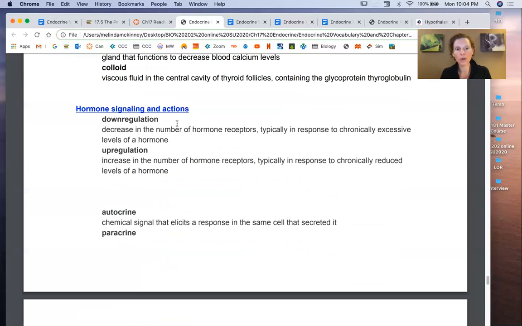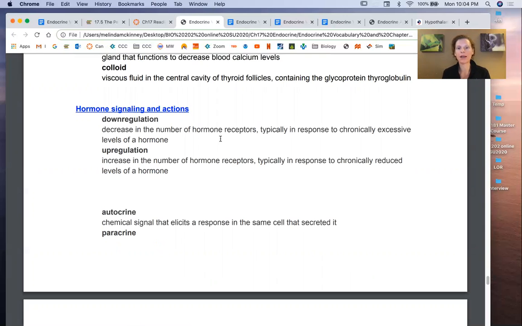Okay, so hormone signaling, downregulation. There's negative feedback, which is the most common way that hormones are regulated in the body. So there's some sort of indicator, maybe that there's low sodium in the blood. And then a response increases sodium in the blood.